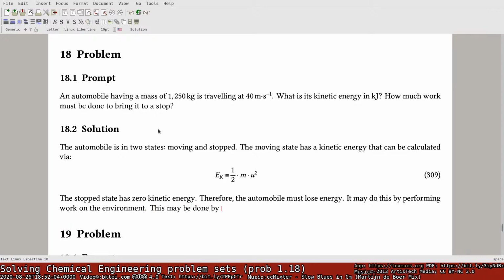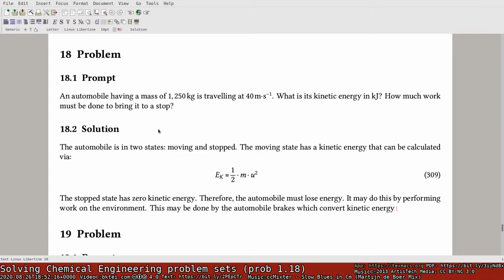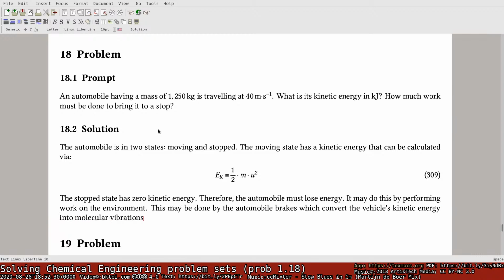This may be done by the automobile brakes, which convert the vehicle's kinetic energy into heat energy, molecular vibrations of air in the environment, which I guess you could say is work that the car does to the environment.